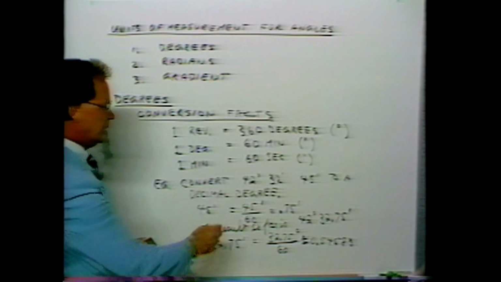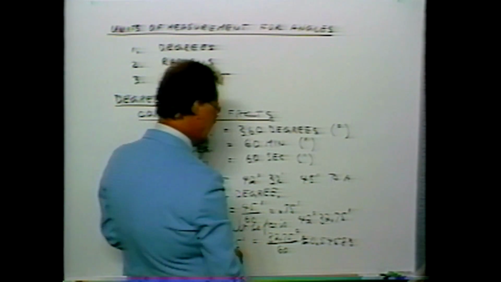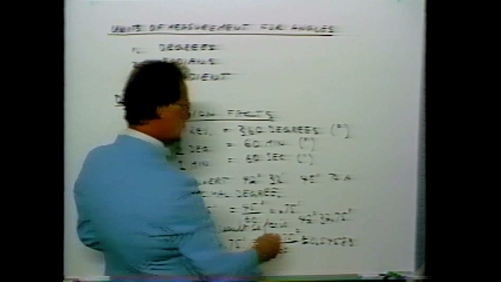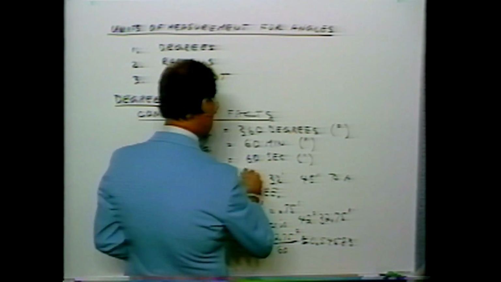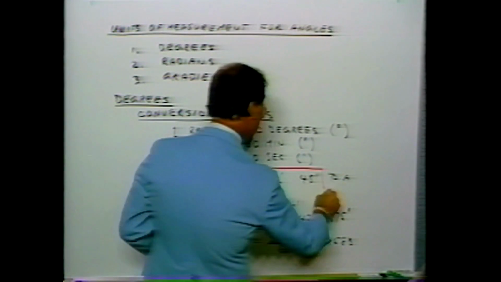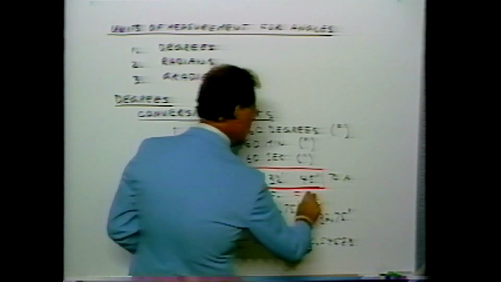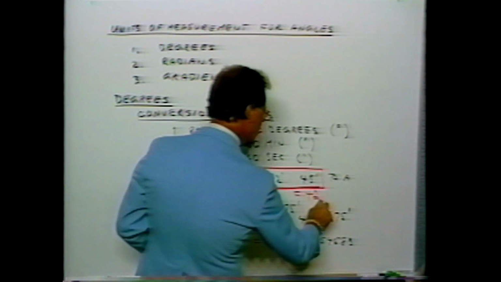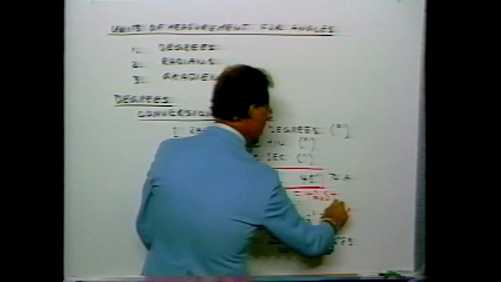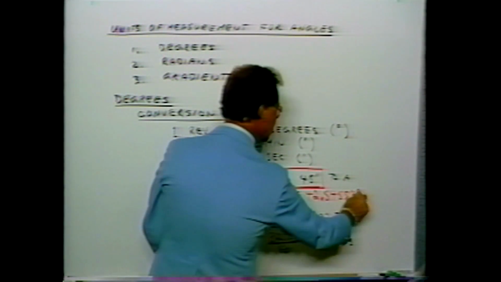Hence, 42 degrees, 32 minutes, and 45 seconds is finally equal to the amount that we want as a decimal, which is 42.5458 degrees.